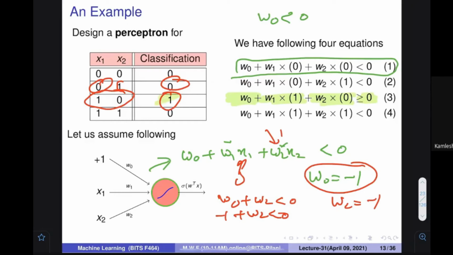Why greater than 0? Because I want 1. So this vanishes, and we get the equation that W0 plus W1 should be greater than 0. So what should be the value of W1? I can take W1 equal to 3. What is the problem? It's a positive value.